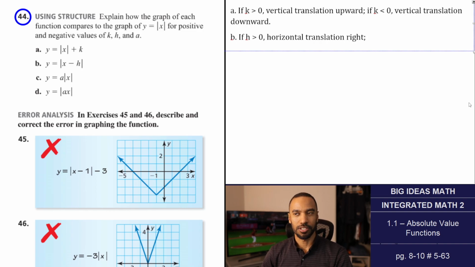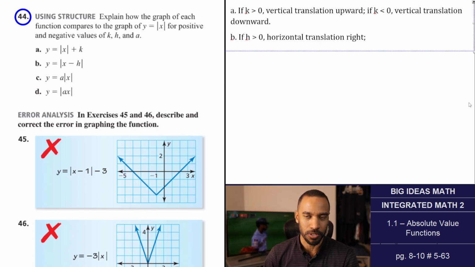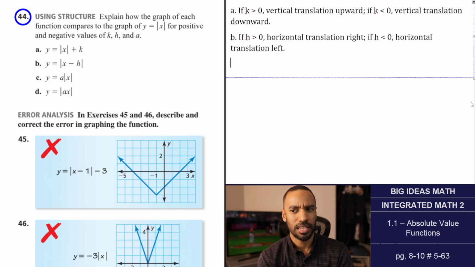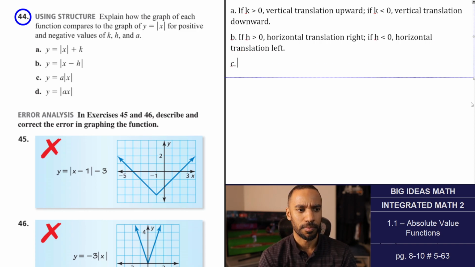If I say translate to the right, you know that's horizontal, but it's a courtesy to say horizontal because that's what h is all about. So I am going to say that. If h is less than 0, horizontal translation to the left. I hope that this is what they want us to answer here. Yeah, you see the difference between C and D? This is going to be interesting.